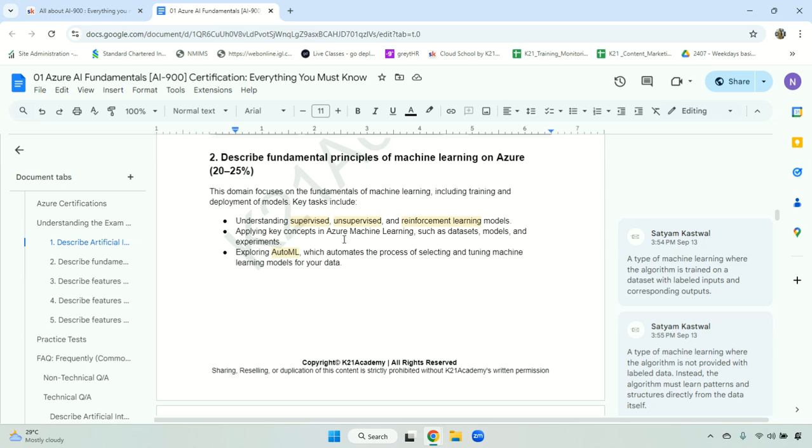Secondly, you should apply the key concepts in Azure machine learning, such as data sets, models, and experiments. Third is exploring Auto ML, which automates the process of selecting and tuning machine learning models for your data. These are the 3 key topics you should be covering in this particular domain.